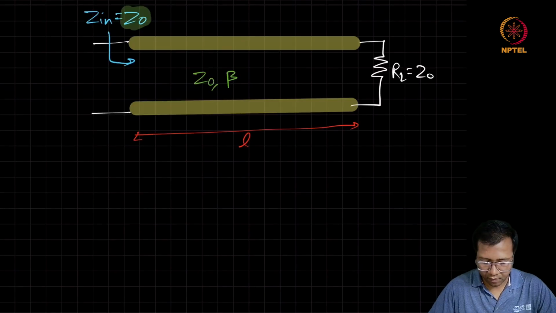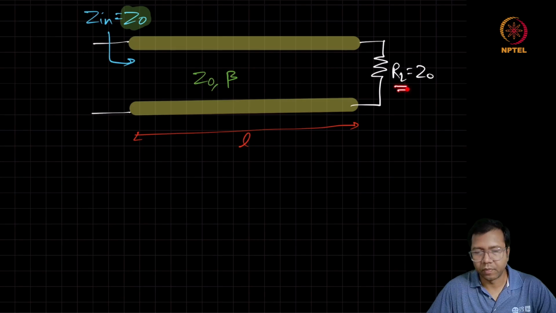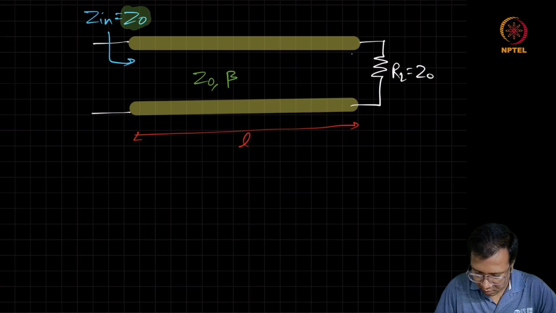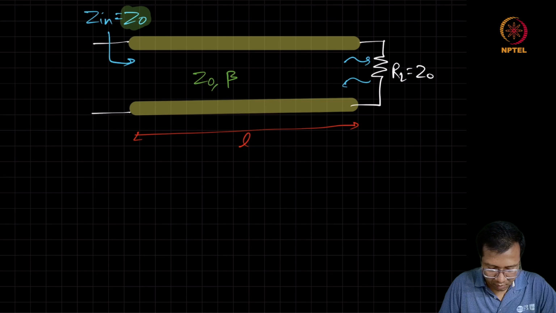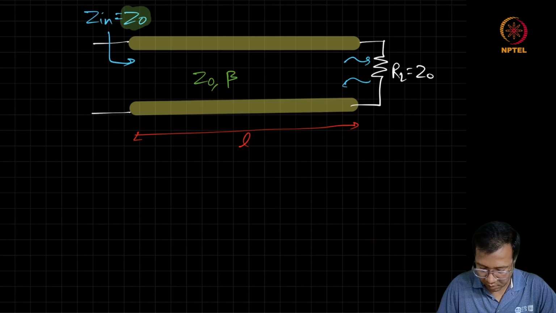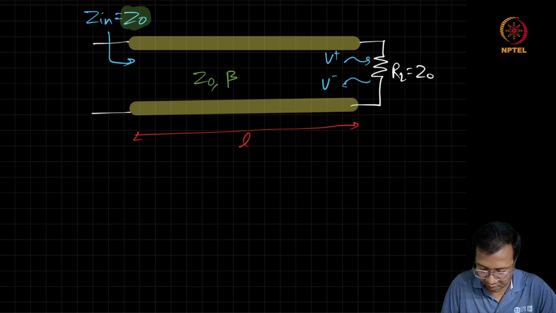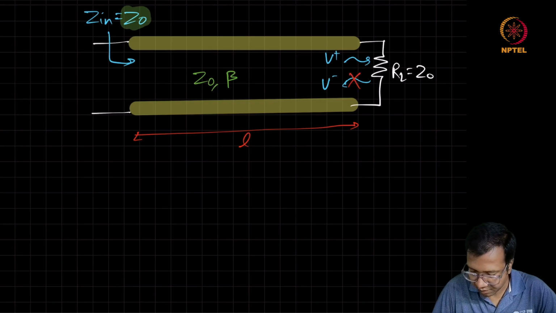And in such a situation where the termination is equal to the characteristic impedance of the line, there is no reflection at the load side. So if we have V plus, V minus becomes exactly equal to 0, because gamma L is also equal to 0.